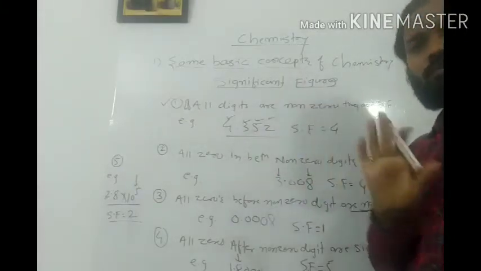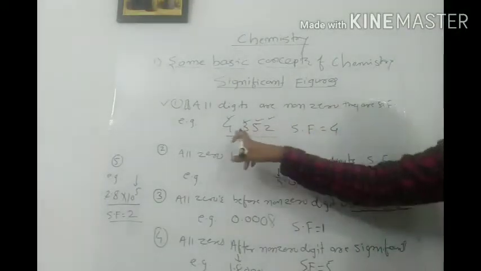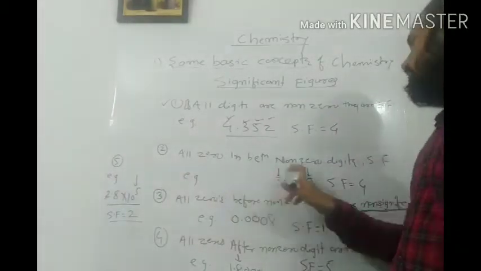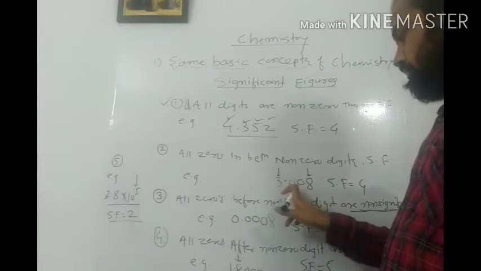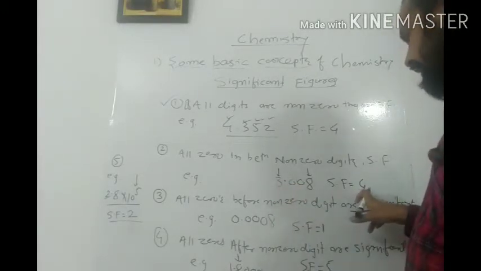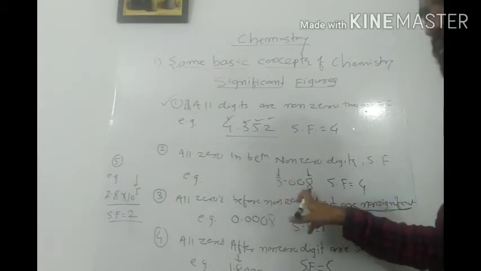If all digits are non-zero, simply count the digits, so here the significant figure count is 4. Second, all zeros in between non-zero digits are also significant, meaning trapped zeros. So I write the significant figure count as 4, because I have to consider 1, 2, 3 and 4 along with these zeros.